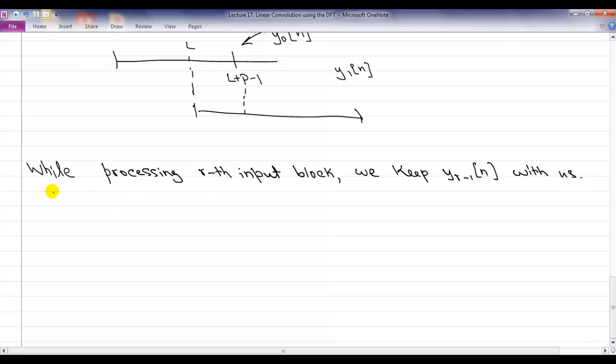And we process the rth block by computing y_r[n] equals x_r[n] convolved with h[n]. But we don't output this y_r[n].